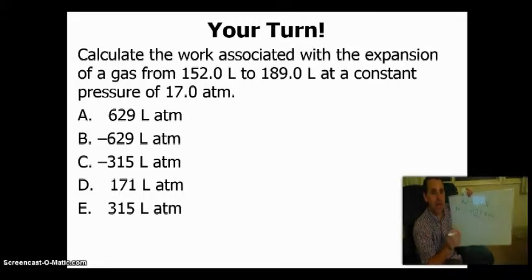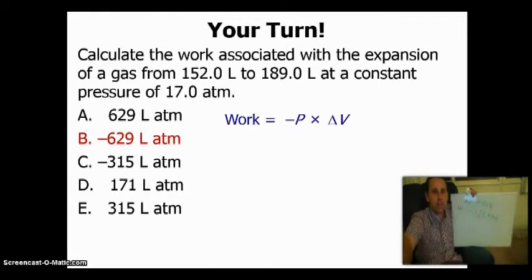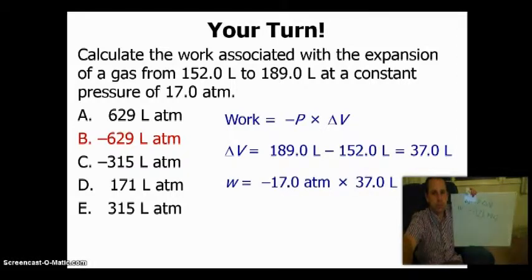So the gas had to expand from 152 to 189. And in doing that, it was hard work for the gas. The gas had to push the atmosphere out of the way. There was 17 atmospheres worth of pressure. It had to push those 17 atmospheres and make space for itself. So that would make sense that it's losing energy. So a negative 629 would be our value. Okay?